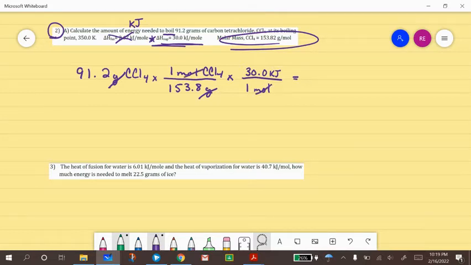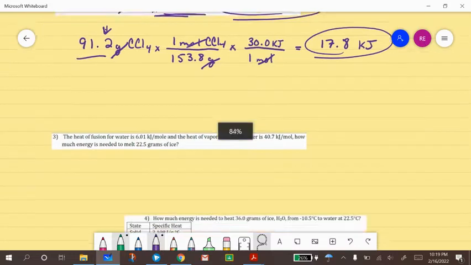So multiplying 91.2 times 30 divided by 153.82, we're going to come up with about 17.8 kilojoules of heat needed to boil 91.2 grams of carbon tetrachloride. All right, 3 significant digits. My measurements are all 3 significant digits, especially at the beginning.